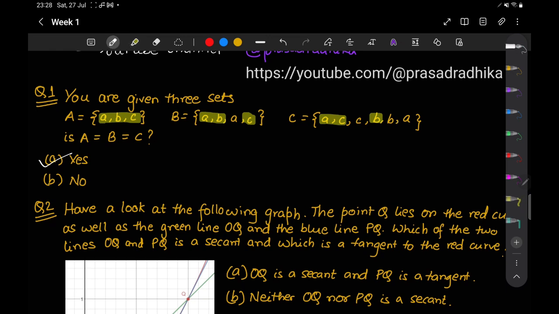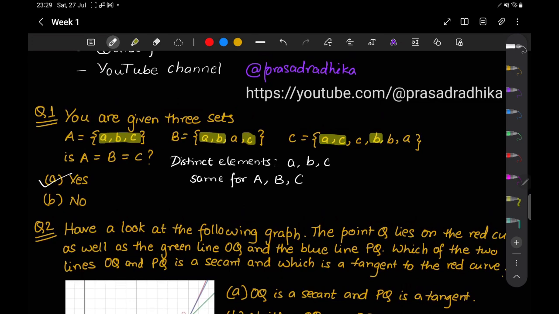So the distinct elements are A, B and C, and these are the same for the sets A, B and C. So that's why the correct option is yes.